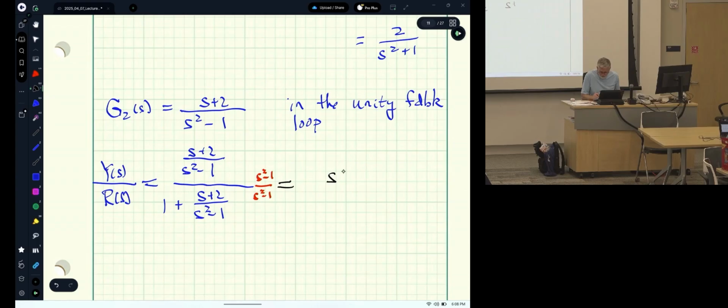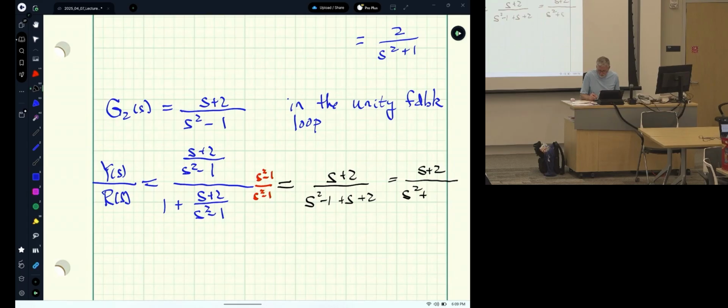And we get s plus 2 over s squared minus 1 plus s plus 2. And now this becomes s plus 2 over s squared plus s plus 1.